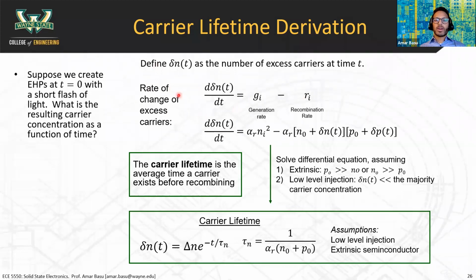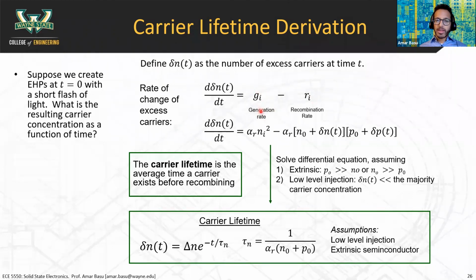We can define a rate of change in the excess carriers. So we're going to a differential equation. The rate of change in the electron concentration is equal to the generation rate minus the recombination rate. So think about that for a second. I want you to see the intuition behind that.